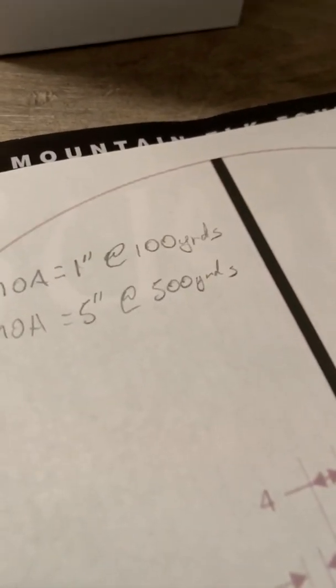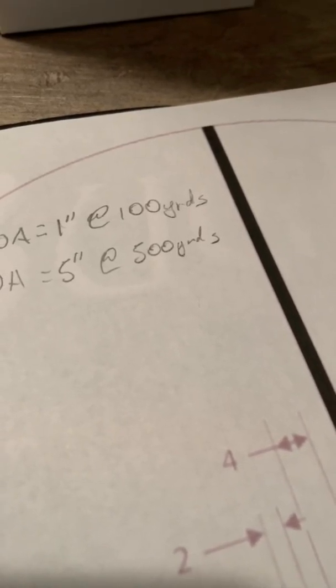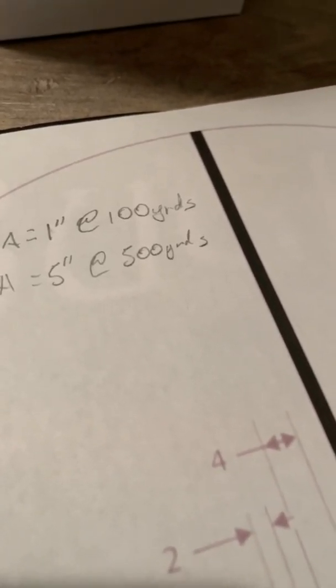This is actually relatively easy for 500 yards. Remember, 1 MOA is 5 inches at 500. We want 5 inches.